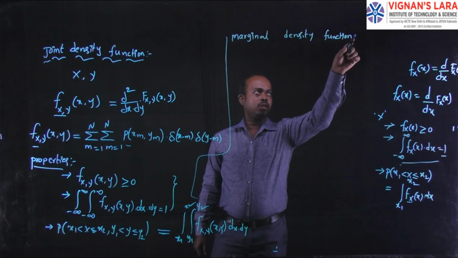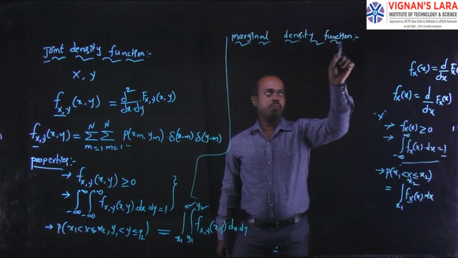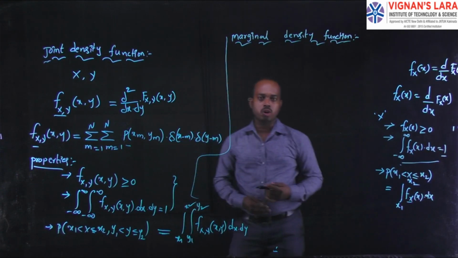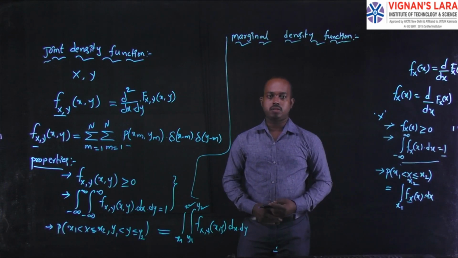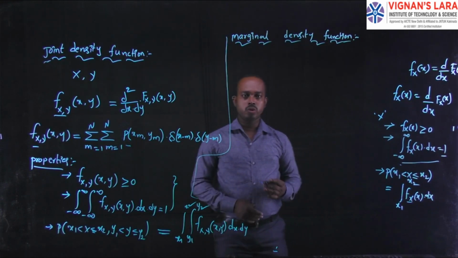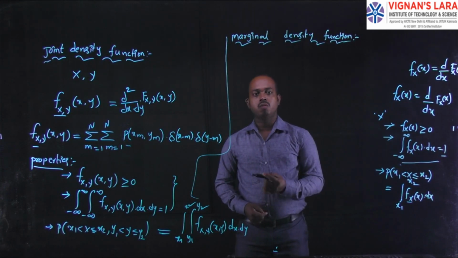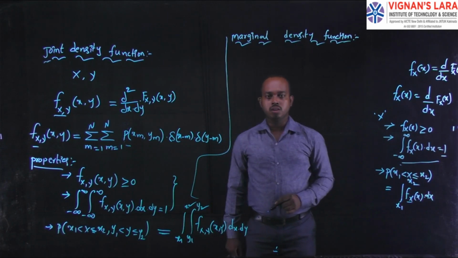We already know the definition of a marginal function. What is a marginal function? We obtain one random variable by setting the other random variable to infinity. This is called a marginal function. Here it is a marginal density function.